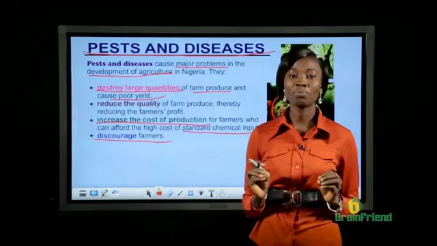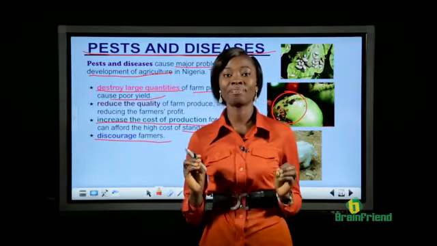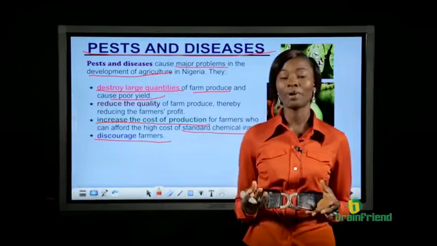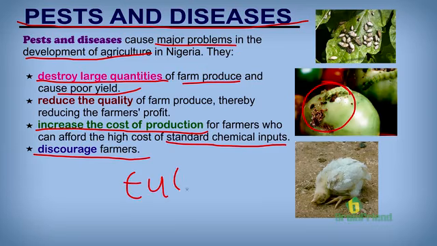A common example or case of the effects of pests and diseases is the case of invasion of tomato pest known as Tuta absoluta. This pest invaded the Nigerian agricultural sector sometime around April 2016.